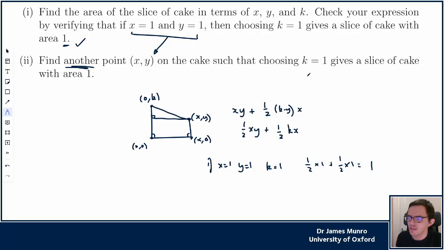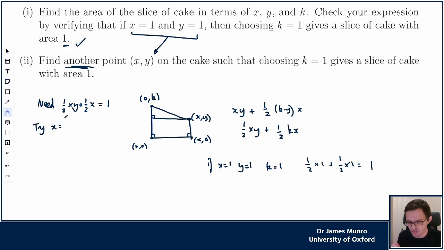So we'd need the area we just found, 1/2 of xy plus 1/2 of x, to be 1. We've seen that (1, 1) is a solution to that, but we can do other things. Can I guess a value? Let's try guessing what happens when I make x something else.